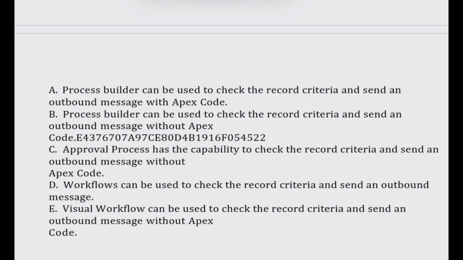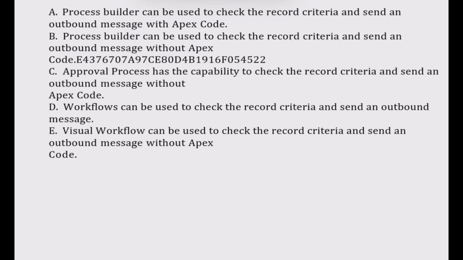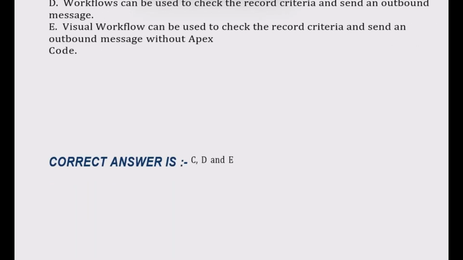Option C, approval process has the capability to check the record criteria and send an outbound message without Apex code. Option D, workflows can be used to check the record criteria and send an outbound message. Option E, visual workflow can be used to check the record criteria and send an outbound message without Apex code. Correct answer is option C, D, and option E.